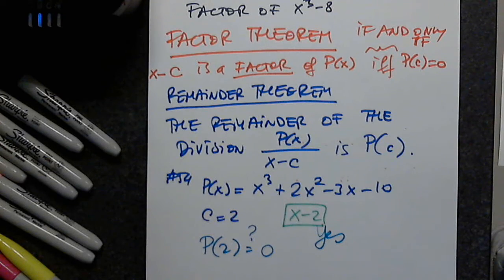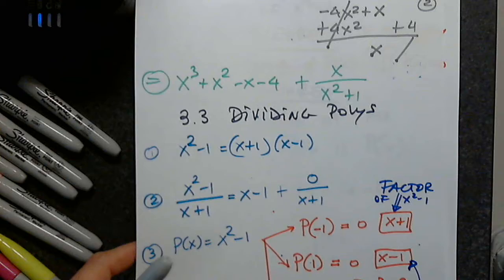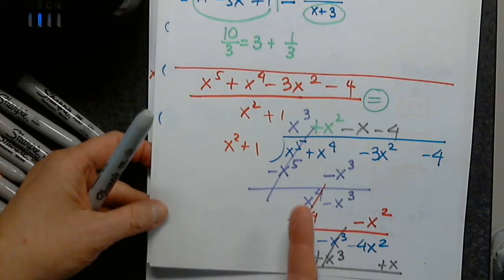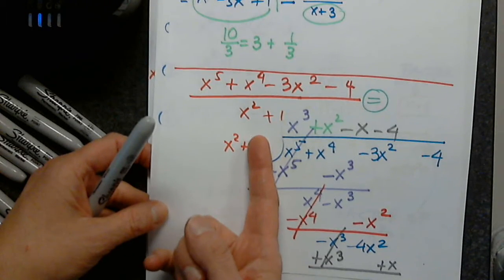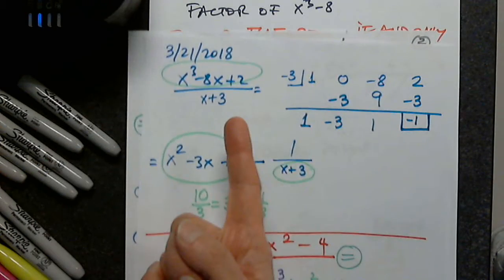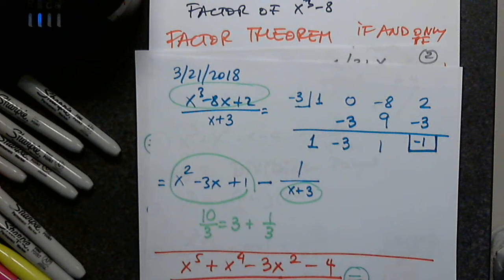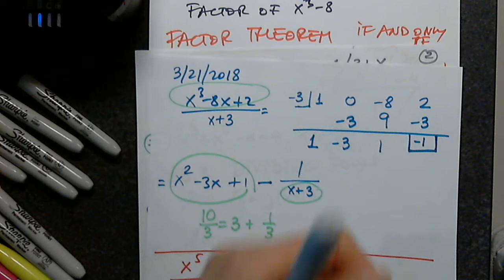And I can always go back and check my work, but not on the problem that we just did. How come I cannot check on the problem that we just did? Because the denominator is not degree 1. But I can check on this one. The denominator is degree 1. So what do I plug in the polynomial at the top to check my remainder?